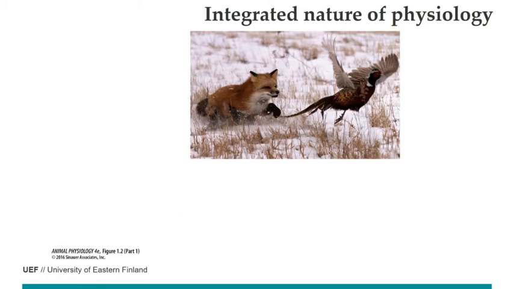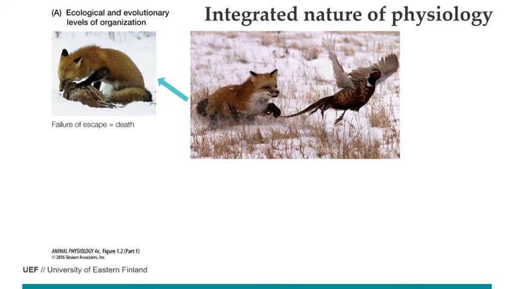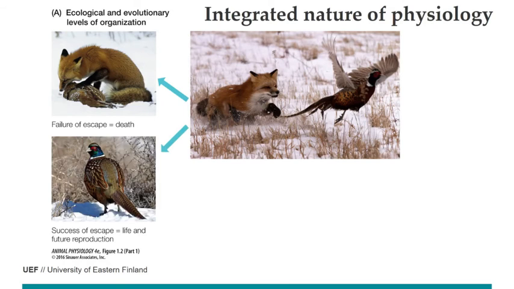But then, in comparative physiology and in wildlife, the problem is that it's integrated. It's not only how the muscles are working, but also evolution. If they are escaping from predators and fail, they die.